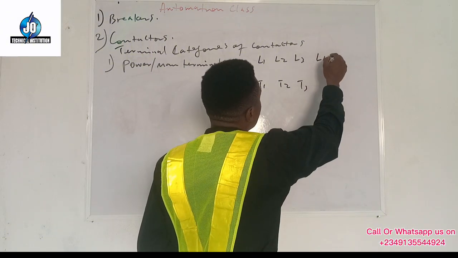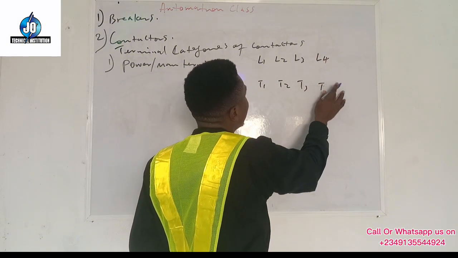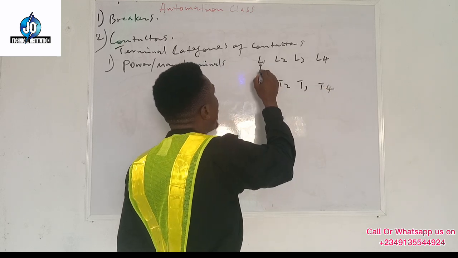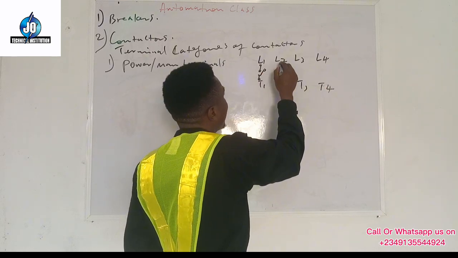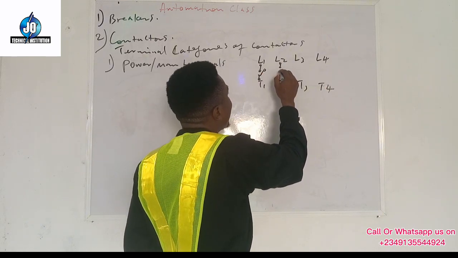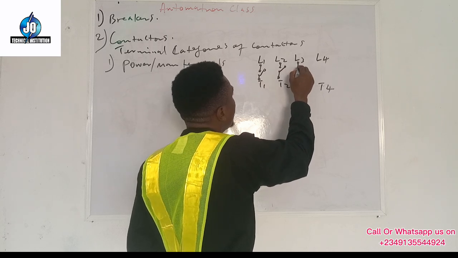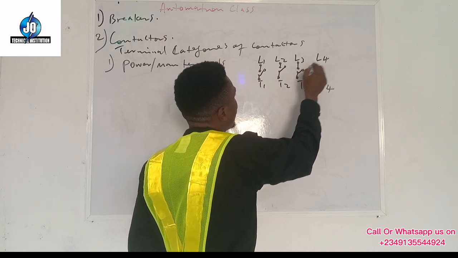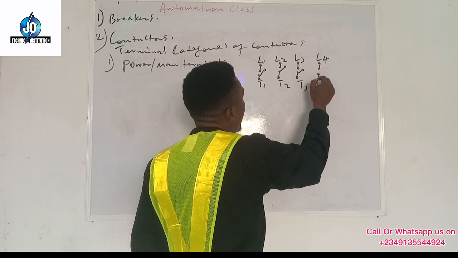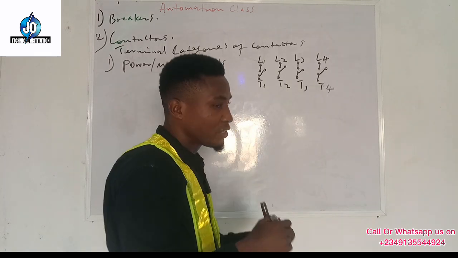Then for a 4-pole contactor, we have L4 and T4. These terminals are normally open in nature, in the way that T1 is the output of L1, then T2 is the output of L2. The same thing happens to T3 as well as T4. So when you check these terminals, you see that they are main terminals.